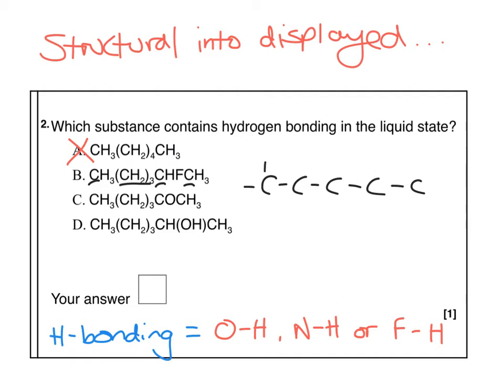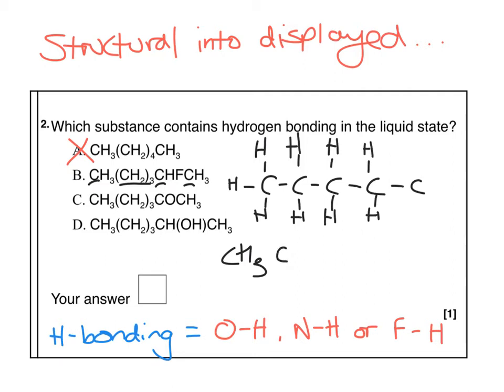The first thing says CH3, so I've got CH3 on the end. Then I've got 3 CH2s. So there's one, there's another, and there's another. I've got CH2, CH2, CH2, and that's what they put in brackets.